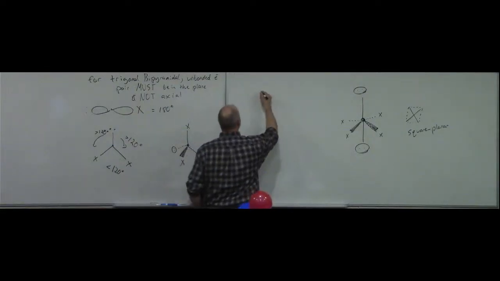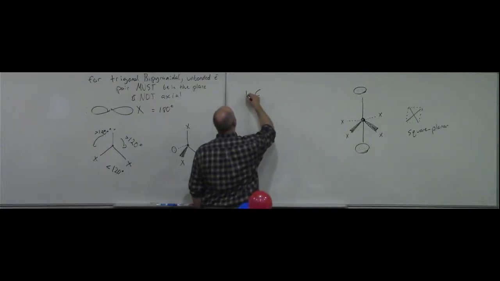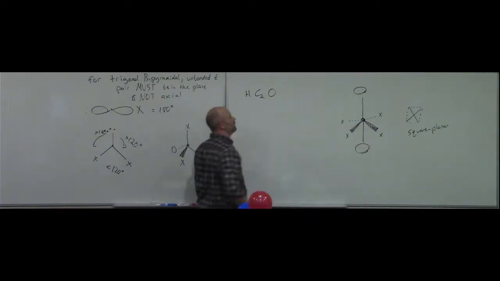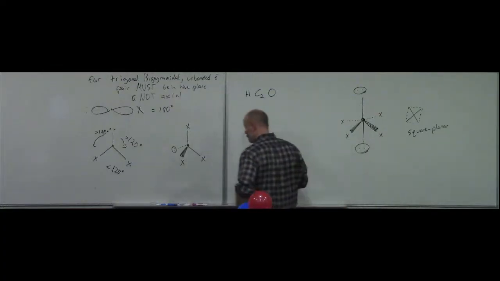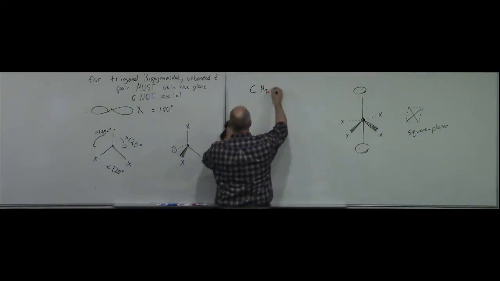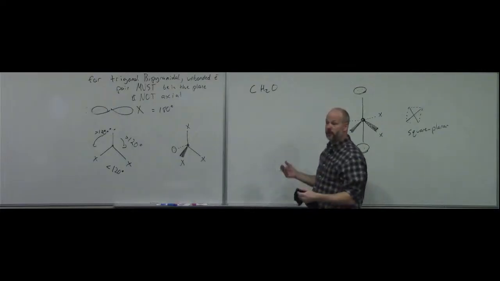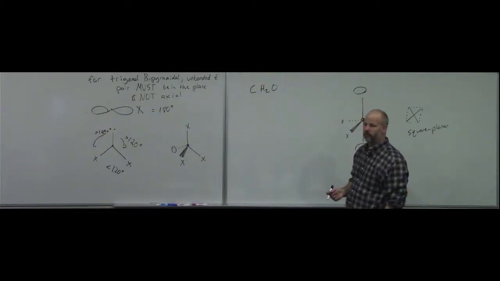Let's do that one. Or C, I guess it'd be CH2, but I'm trying to draw it where you can see it easier, right? So we'll go ahead and draw this one. Draw it first with an electron dot form.